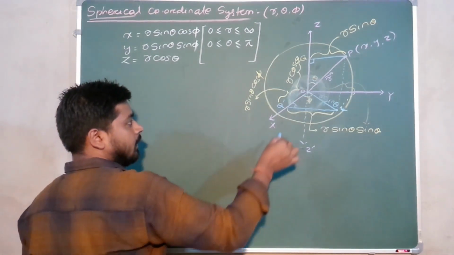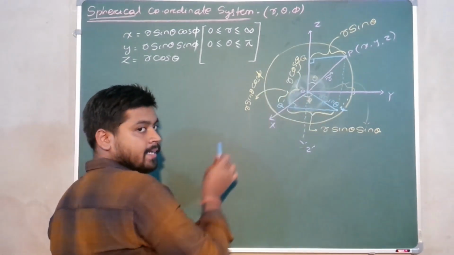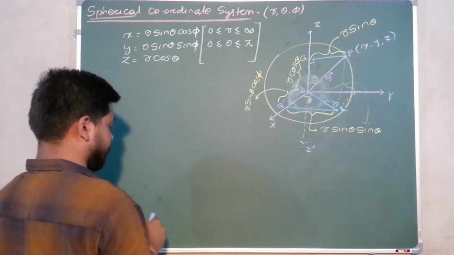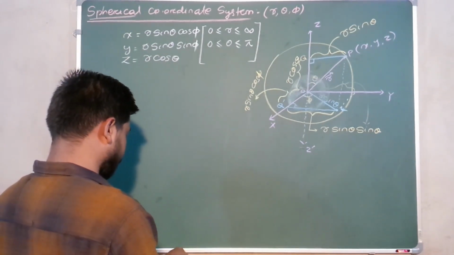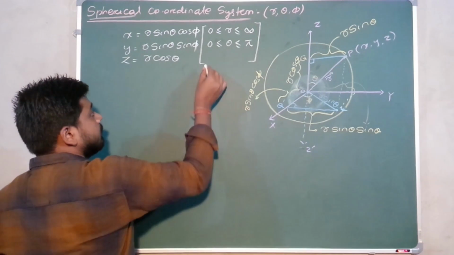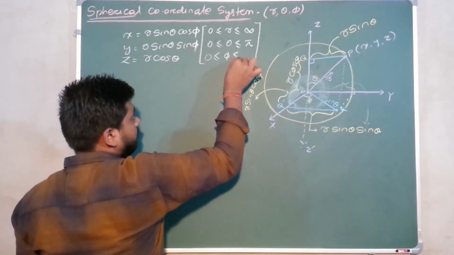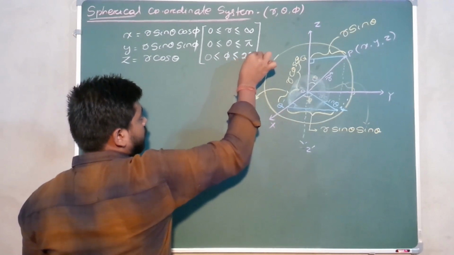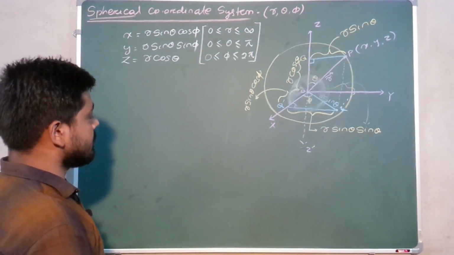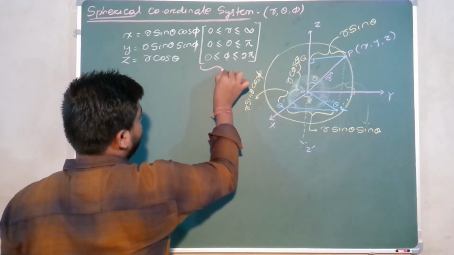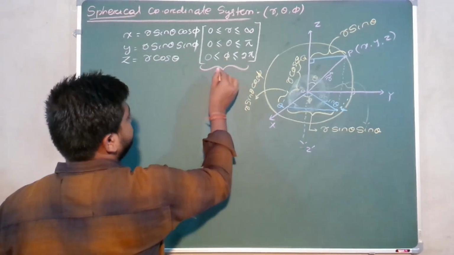Okay. Complete full circle. That is from 0 to 2 pi. Yes or no? 360. 0 to 2 pi. That is 0, pi, 2 pi. This is the range of the spherical coordinate system, spherical polar coordinate system.